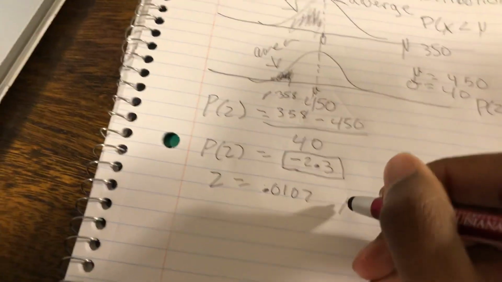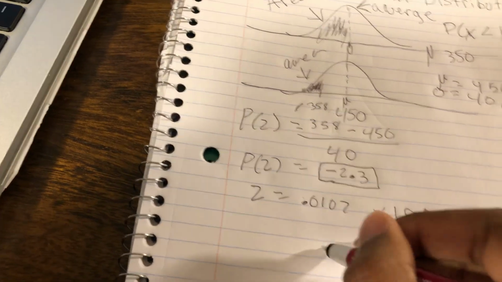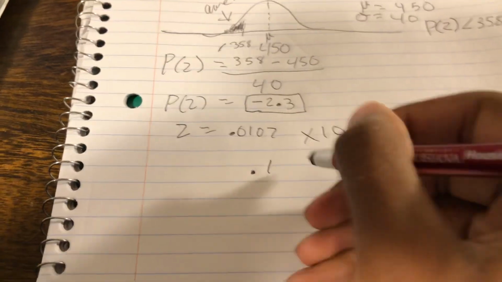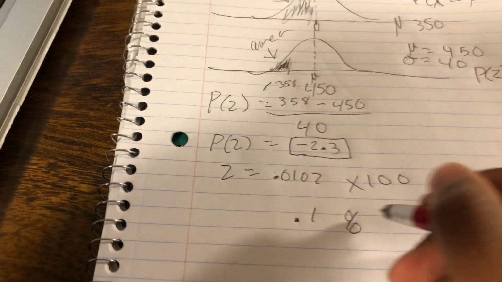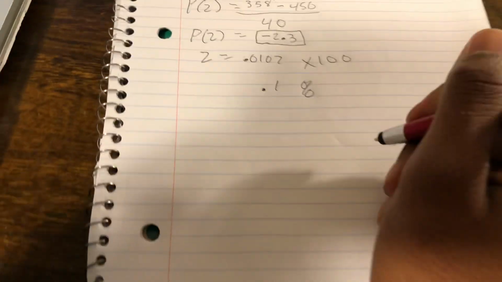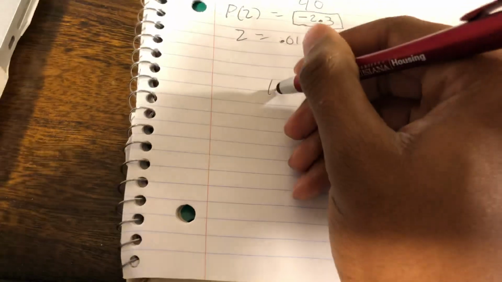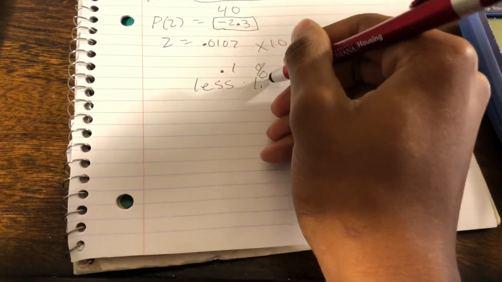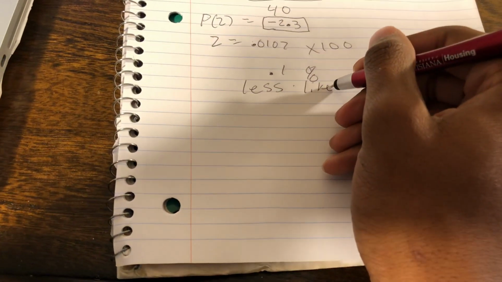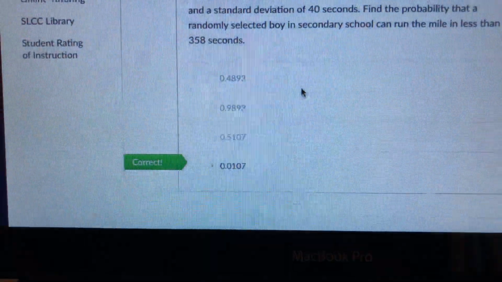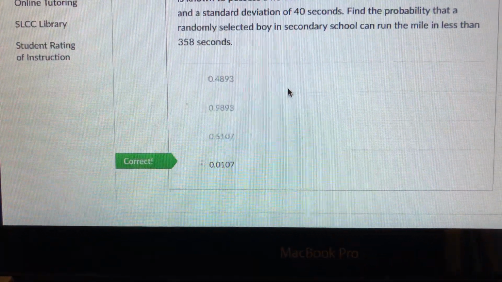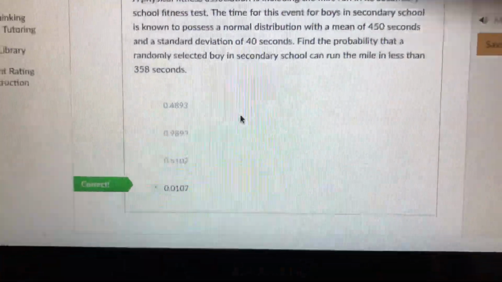So if we multiply by 100%, it's going to be about 1%, which means it is less likely to happen. And the correct answer is 0.0107. All right.